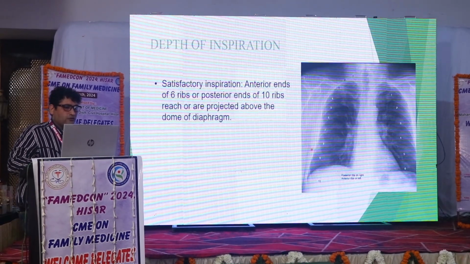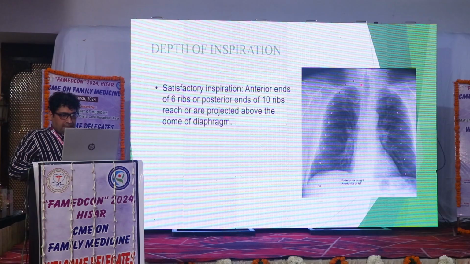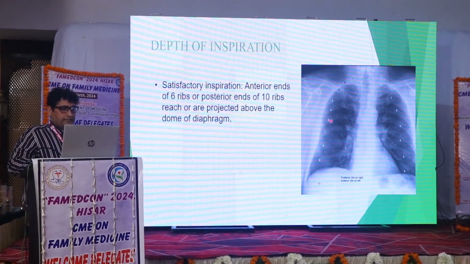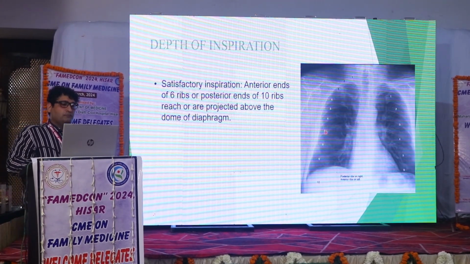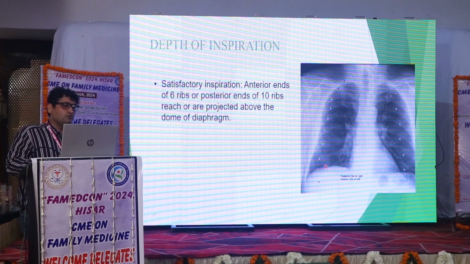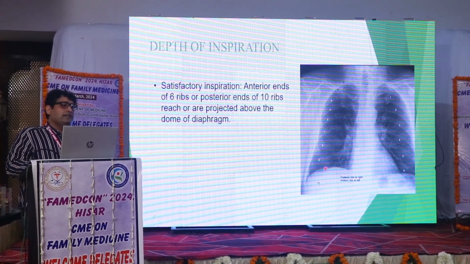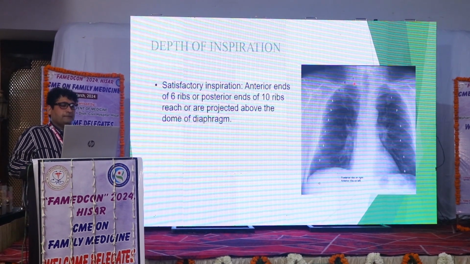These are the anterior ends of the ribs, and the posterior ends are usually counted as 1, 2, 3, 4, 5, 6, 7. Are you able to see, right? So if we count these posterior ribs, there should be 10, or the anterior ribs should be 6, so that we can say it is full inspiration.